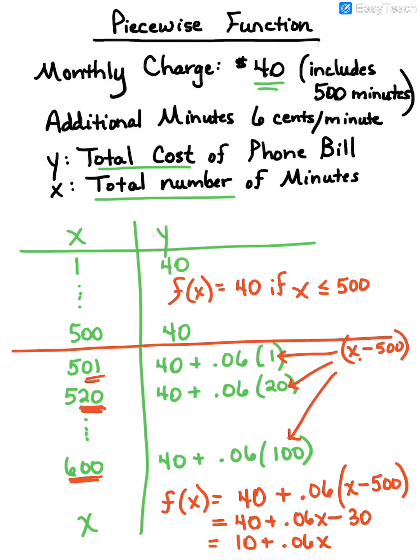So when we actually look at now writing that particular cost function, I'm just going to erase the top part of my table here so I can write my cost function.